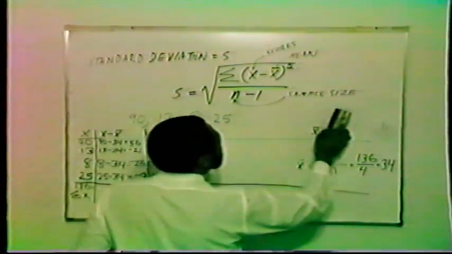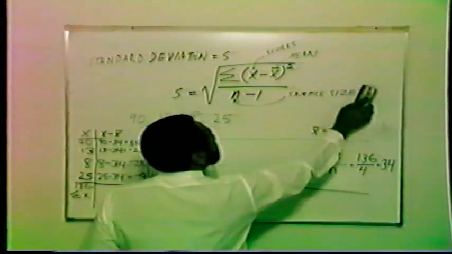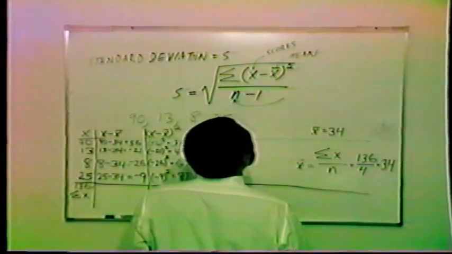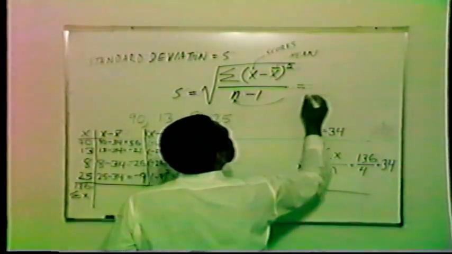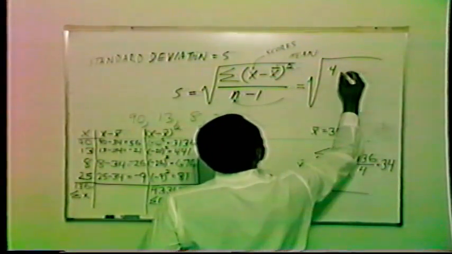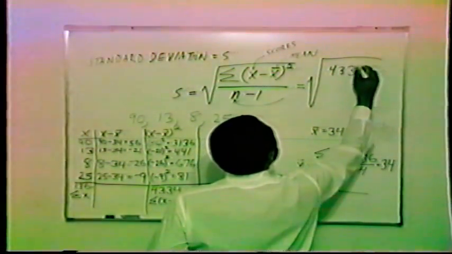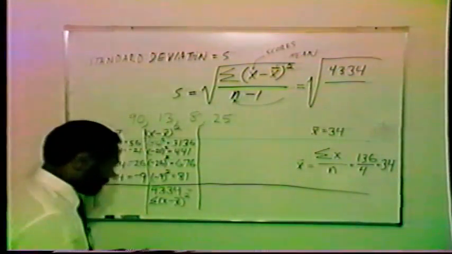So now we can substitute that in our formula here. So that means that for this problem, the standard deviation would be the square root of 4,334 divided by n minus 1.